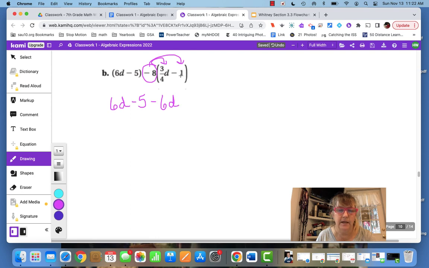Negative 8 times a negative 1 is a positive 8. And now we're just going to combine like terms. We have 6d, negative 6d. I'm going to box and circle all of my terms. So 6d minus 6d is 0. And negative 5 plus 8 is 3. So that simplifies all the way down to 3.